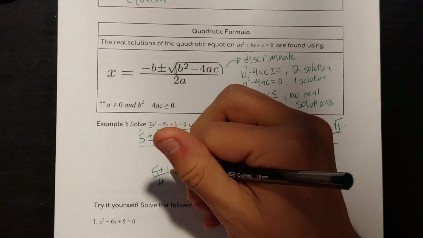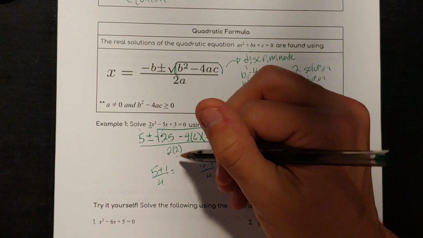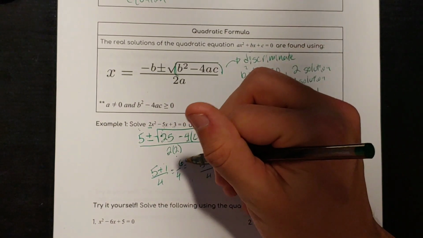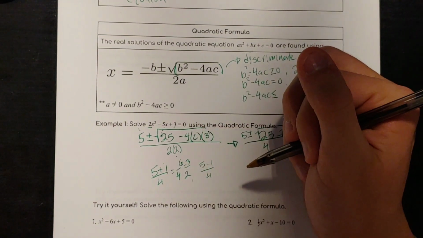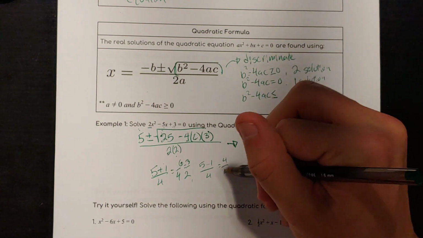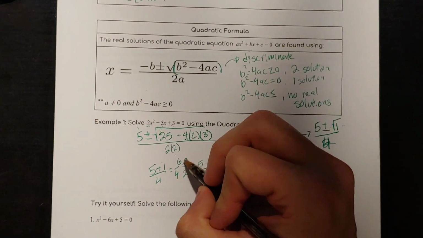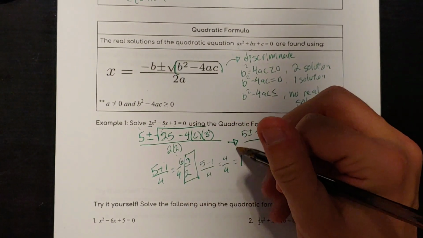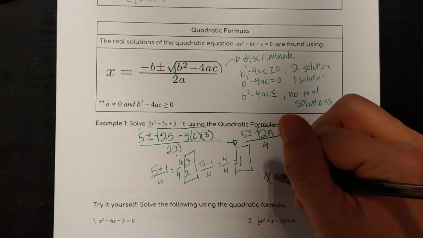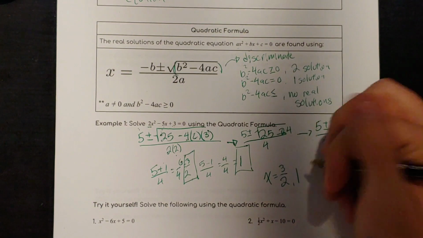We're just going to simplify that. 5 plus 1 is 6 over 4, that reduces to 3 over 2. 5 minus 1 is 4 over 4, which equals 1. So we found our solutions: x equals 3 over 2 and 1.